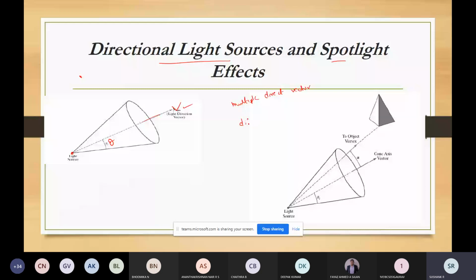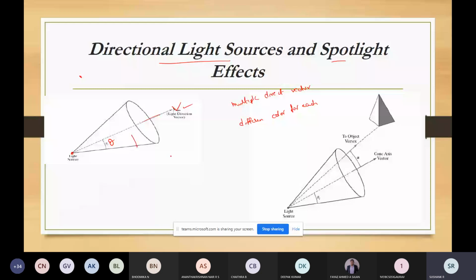So what we can do is model these kinds of light sources by using multiple directions of vector and different colors for each of the directions. By using these two factors, we can model these kinds of light sources.